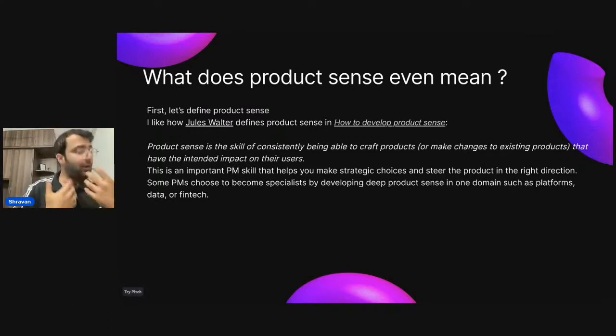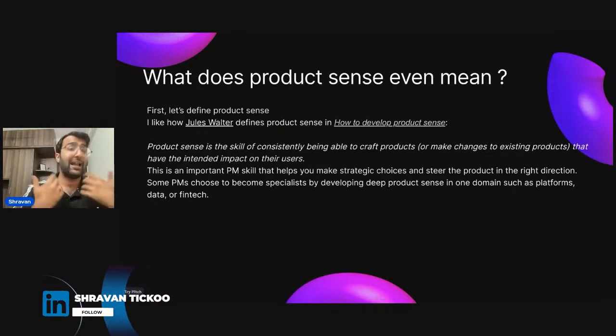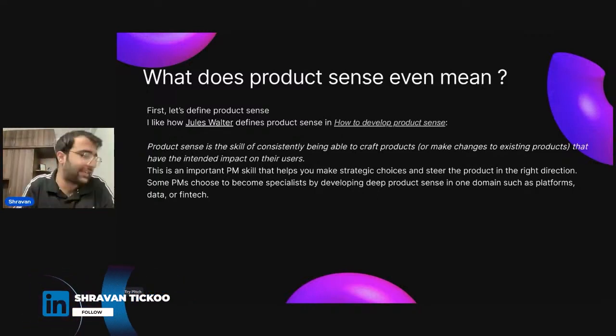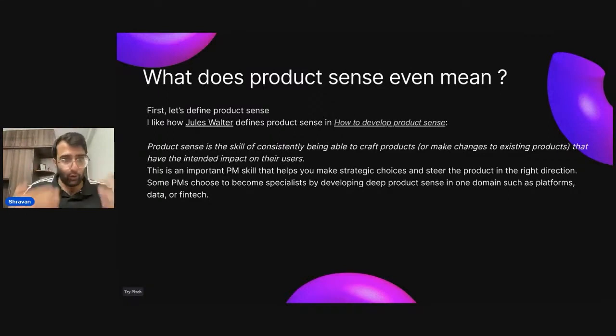This is a very important skill for PMs to make strategic choices and steer the product in the right directions. A lot of PMs slowly and steadily start developing product sense in domains like platform, data, fintech, edtech, right? Over time, like I have consistently spent 4 or 5 years in edtech across places, so I know for a fact how edtech models in general work. So I have tried to develop my product sense in those areas. यहाँ तक क्लैरिटी है?